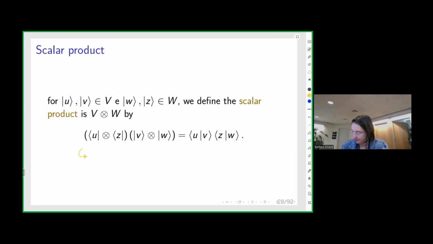So we extend to other elements of the product by linearity.